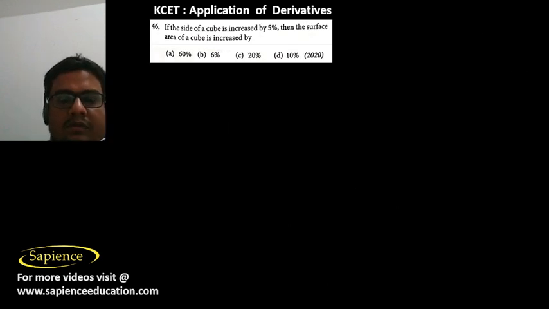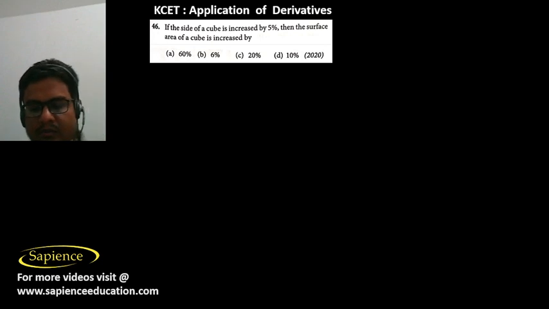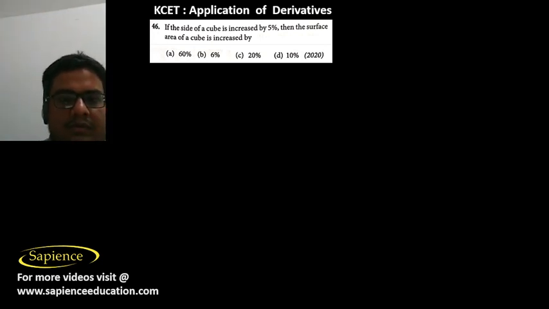Then in question number 46 it is told the side of a cube is increased by 5%, then the surface area of the cube is increased by how much?